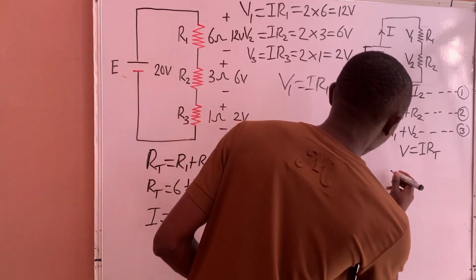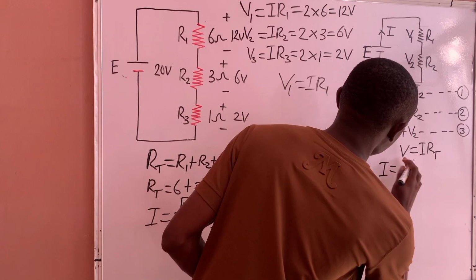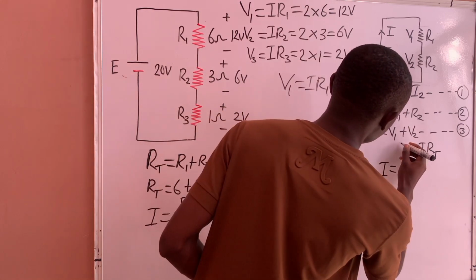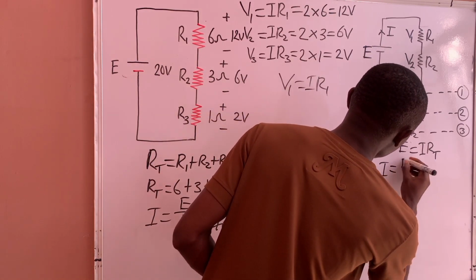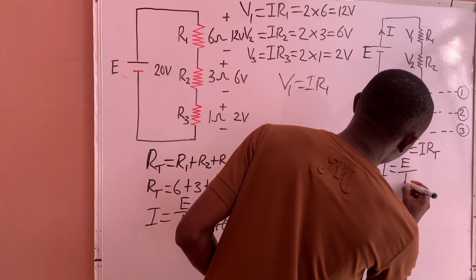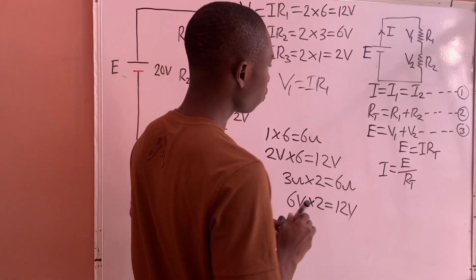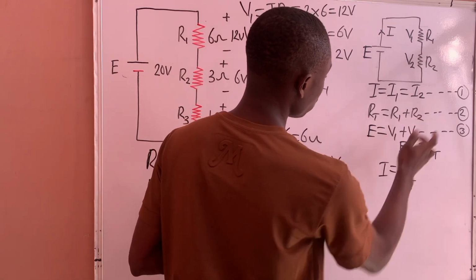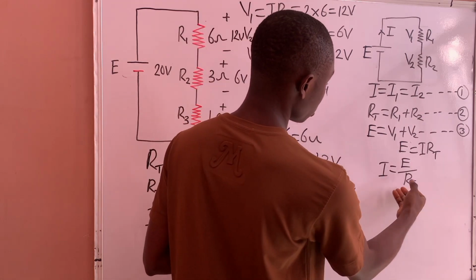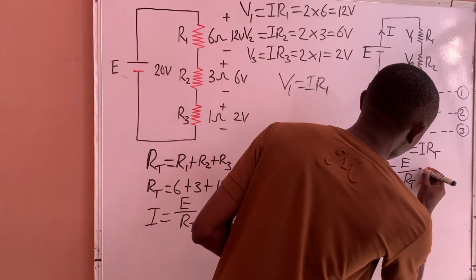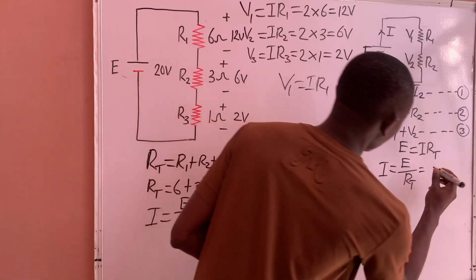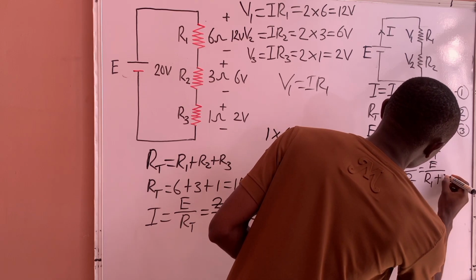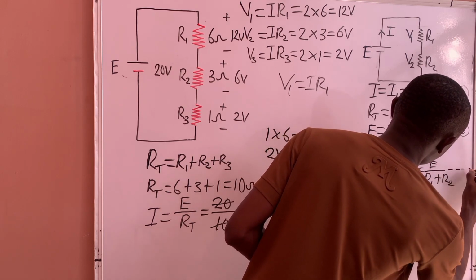So I will be equal to E over RT. From the equation for total resistance, RT is R1 plus R2. Substituting the total resistance, I, the current, will be E divided by R1 plus R2. We call this equation 4.